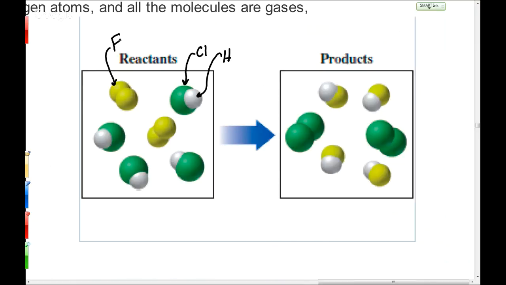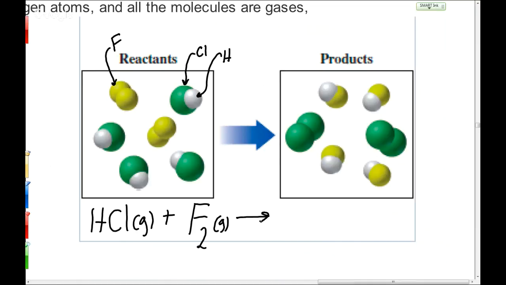We got an equation for that one? I think this is one in homework too. What's one of the reactants? HCl, yep. What else? Fluorine, F2.